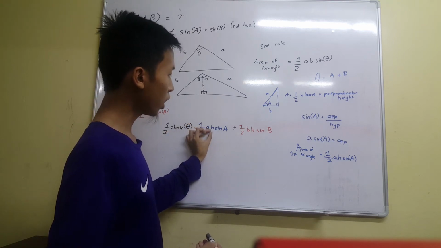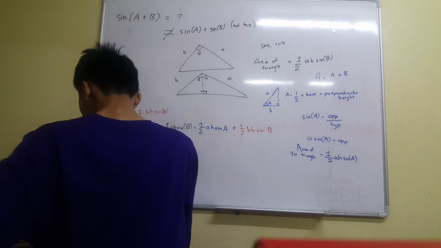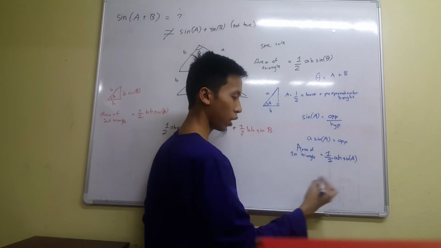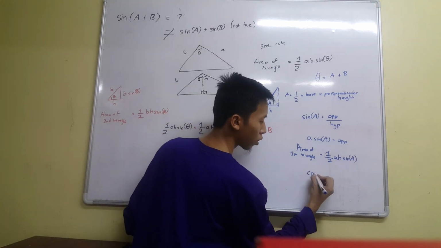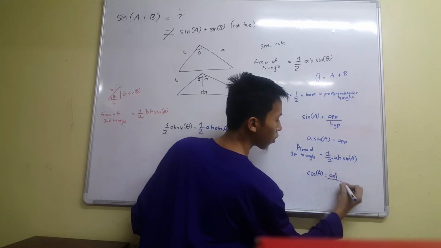Well, this H over here can be written using cosine. Cos A must equal adjacent over hypotenuse.